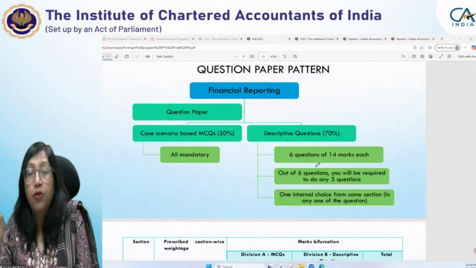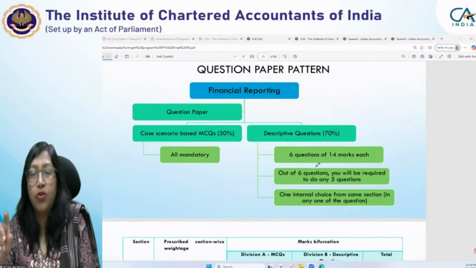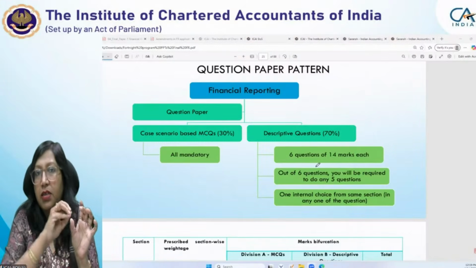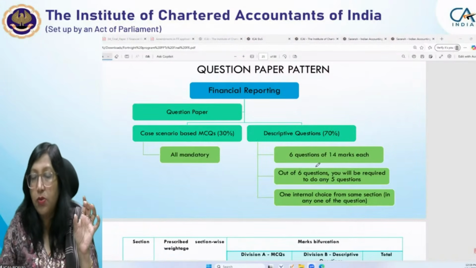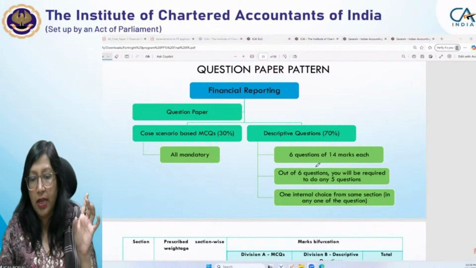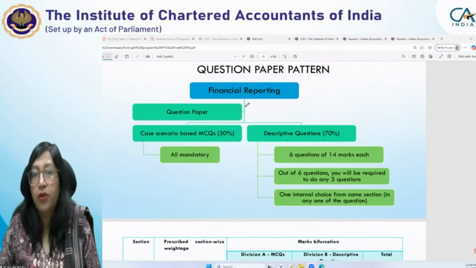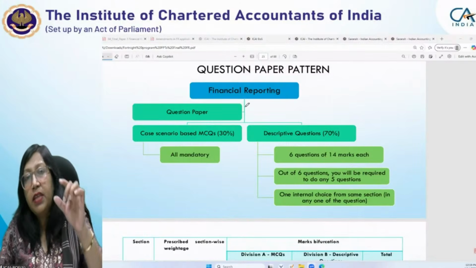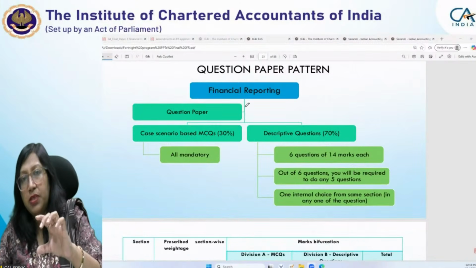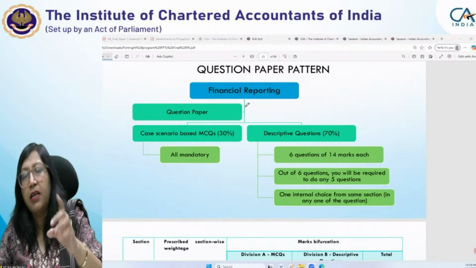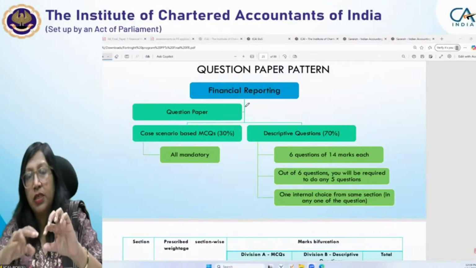You cannot choose one part of this question and another part of that question. You have to select whole questions. Internal choice is different from external choice. Internal choice is within a question: you have two subparts, and there is an either-or option.